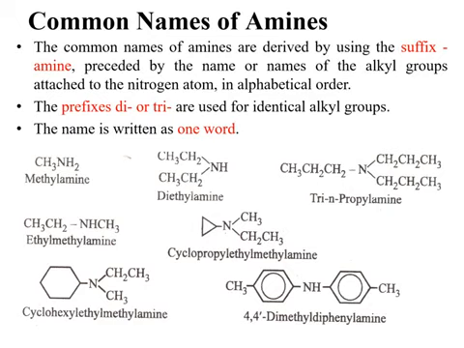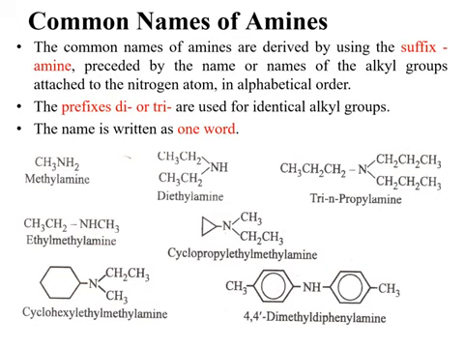Now the last line has some complicated examples, but no need to be worried. Just focus on the basic rules that we have discussed in the earlier part of this slide. Again, we shall focus on the nitrogen. Nitrogen is linked to different alkyl groups. At the top right, there is an ethyl group. At the bottom right, there is a methyl group, and on the left-hand side, there is a cyclohexyl group.